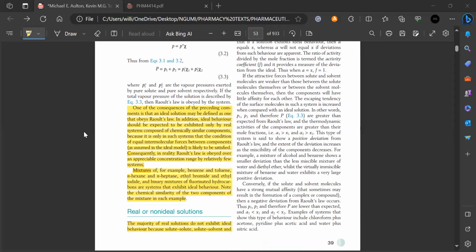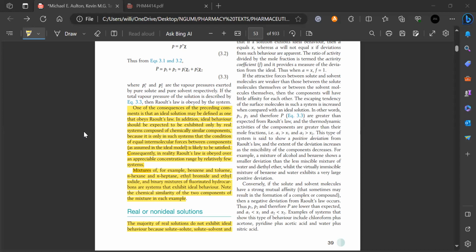So one of the consequences of the preceding comments is that ideal solutions obey Raoult's law. However, we don't really expect these ideal situations, because as I said, ideal is just a perfect world.